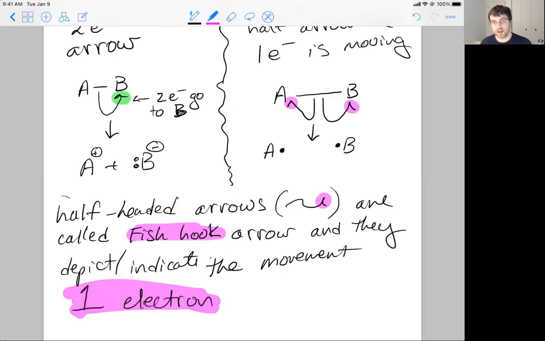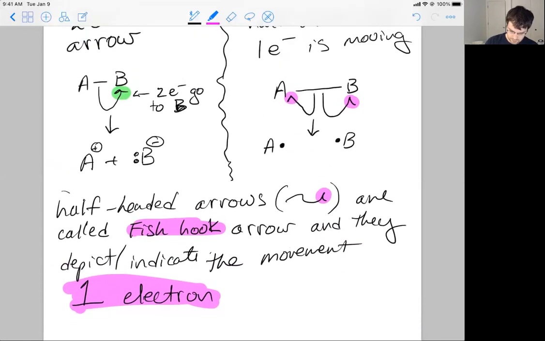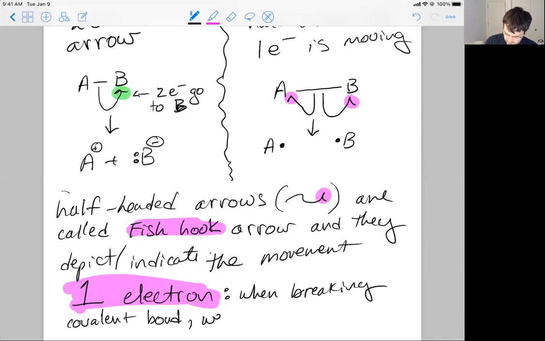So when we're breaking a covalent bond, we need 2 arrows to show where each of the electrons ends up. When breaking a covalent bond, we need 2 fish hook arrows.